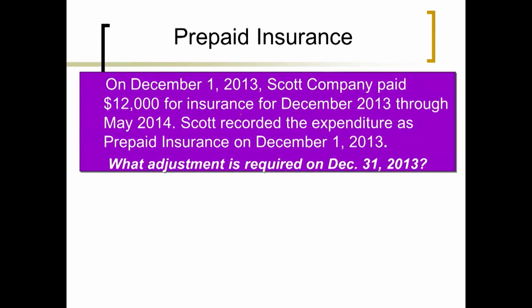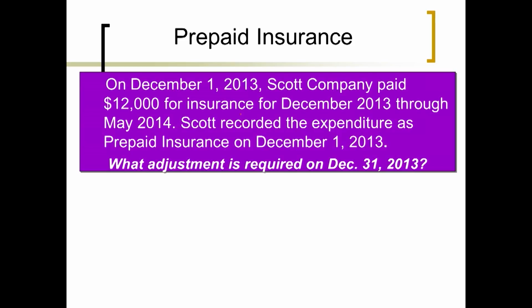Here is another example in your slides that looks really doggone similar. On December 1st, 2013, Scott Company paid $12 grand for insurance, and it is for the period of December 2013 through the end of May 2014. Now, they've recorded the expenditure properly as prepaid insurance, which is an asset, on December 1 of 2013.